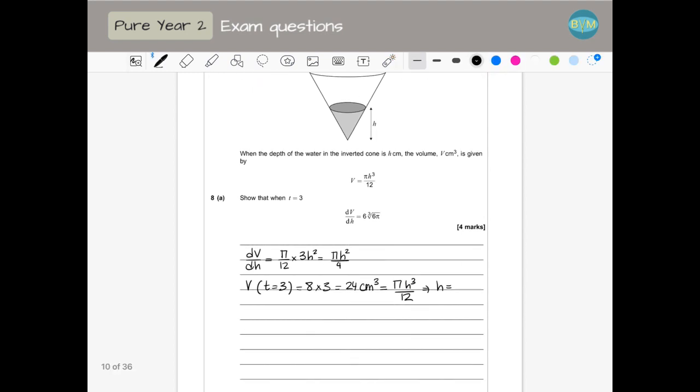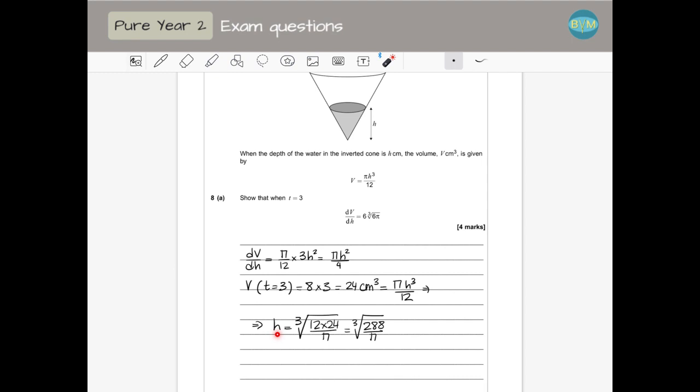So h is going to be the cube root of 12 times 24 divided by pi, which is the cube root of 288 divided by pi. Or you can write it to the power of 1/3. It's up to you, you will see both ways.